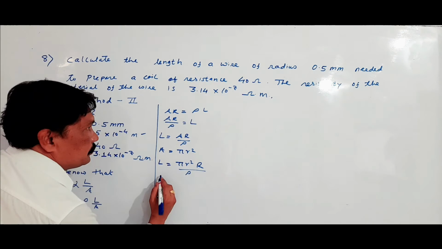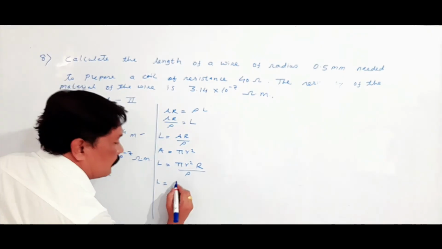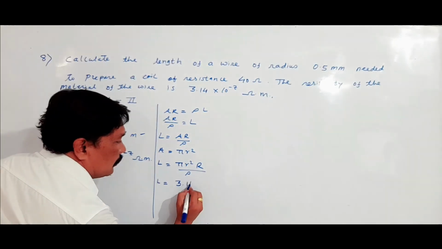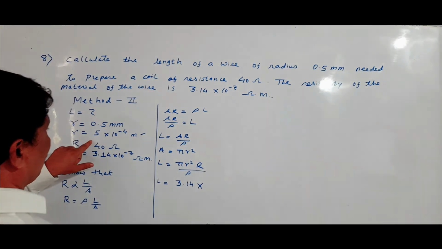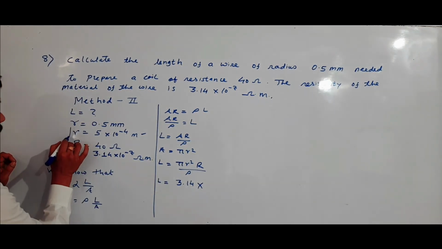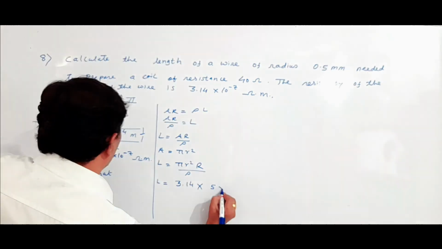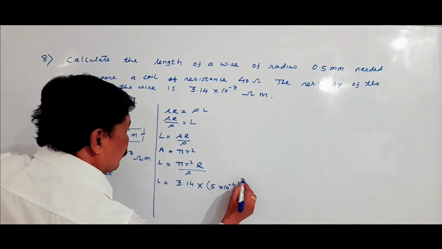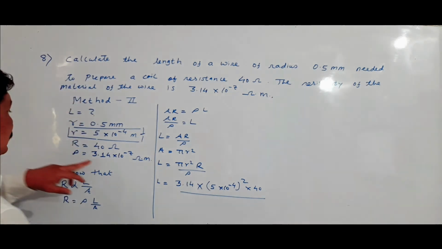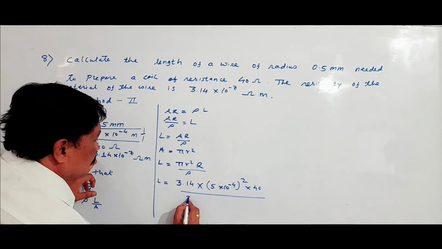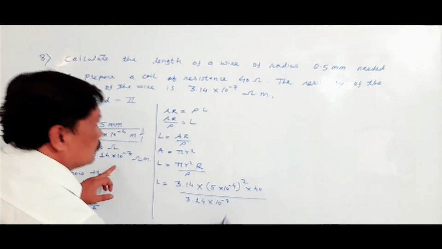Now we'll put the values. L is equal to the value of pi, 3.14, into r, which is in meter we will consider, not millimeter, 5 into 10 to the power minus 4 whole square into 40 upon resistivity of a wire, 3.14 into 10 to the power minus 7.